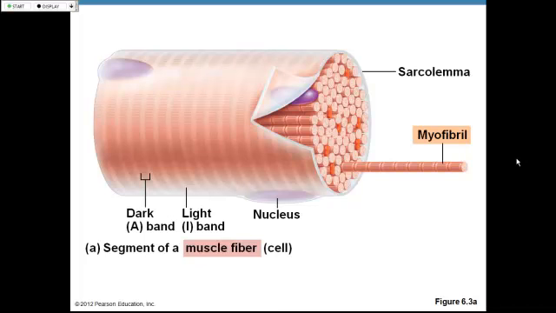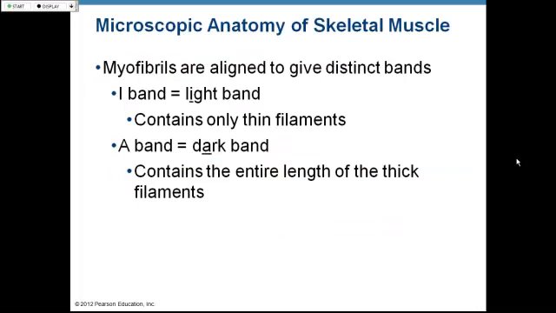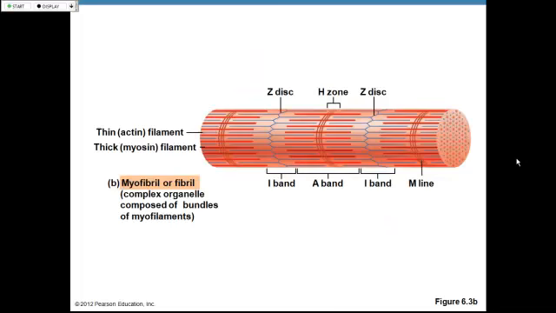And what the myofibril is made up of are thick filaments, which are always going to be color-coded red in your book, and thin filaments, which are blue. The thin filaments, the blue ones, are made up of the protein that's called actin. The thick filaments are made up of a protein called myosin.